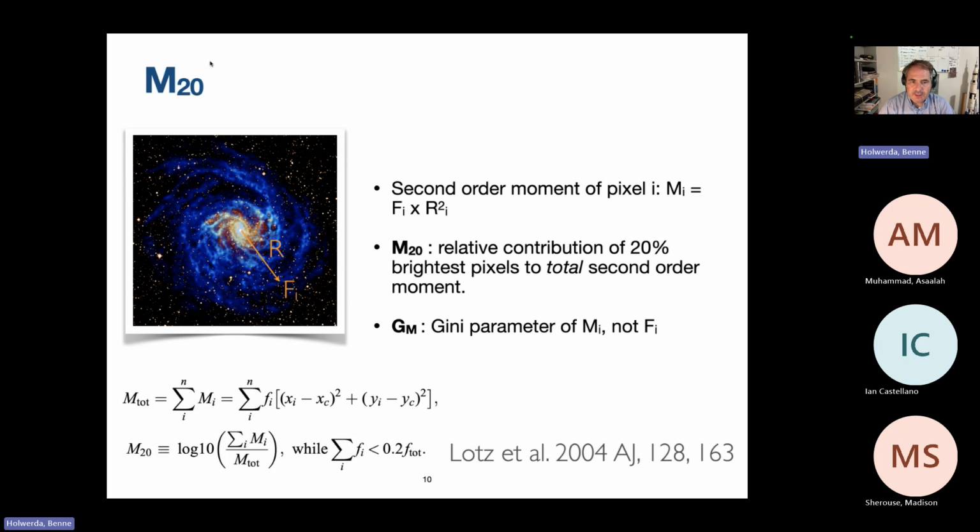You take a pixel and you take the radius from the center of the galaxy to that pixel. And you say, okay, I've got the flux in that pixel, and then I weigh it with r squared, the distance squared. So the further out I go, the more heavily I weigh the pixels.